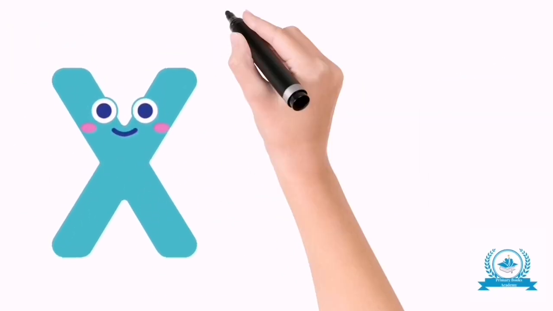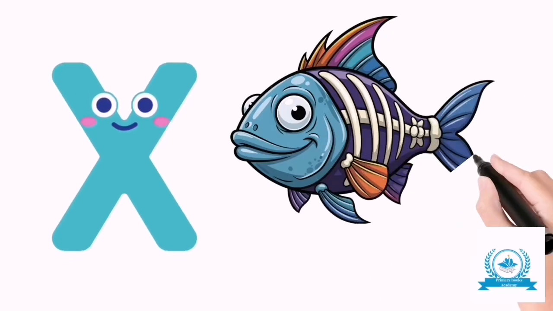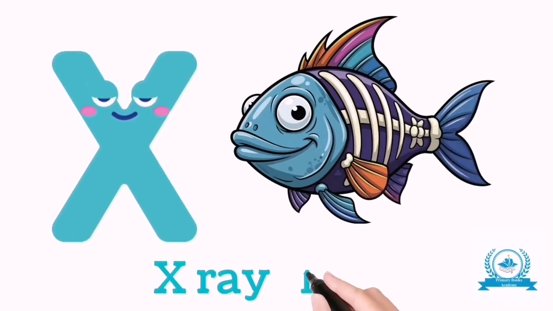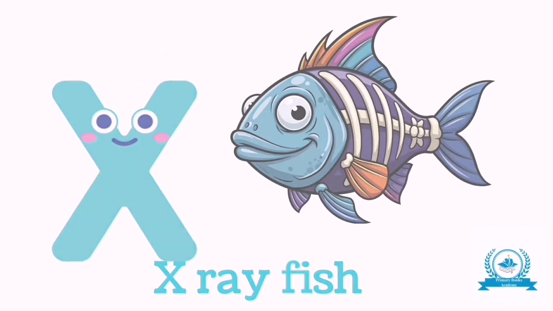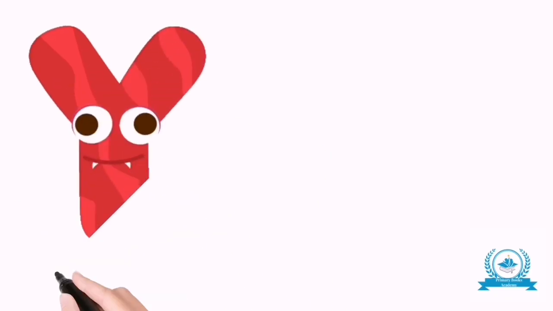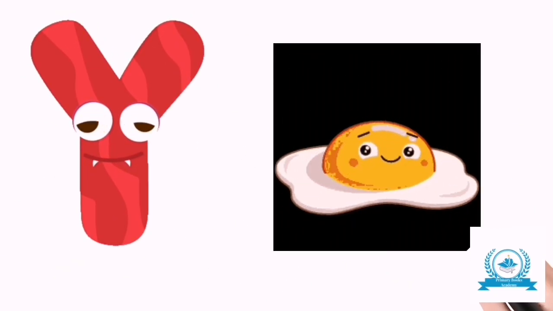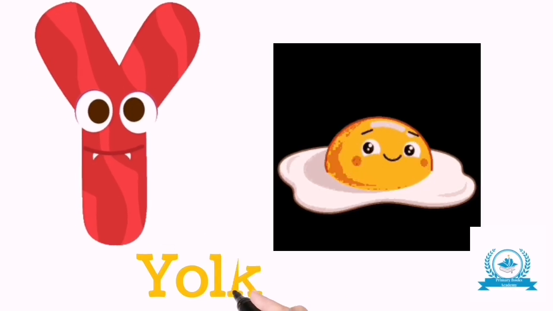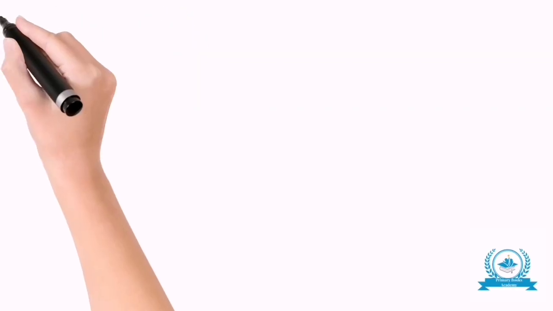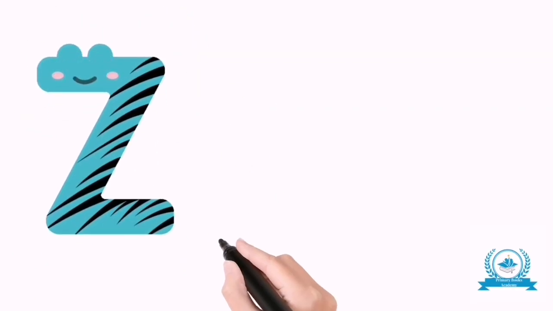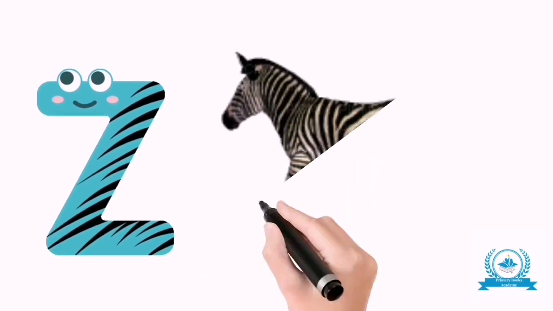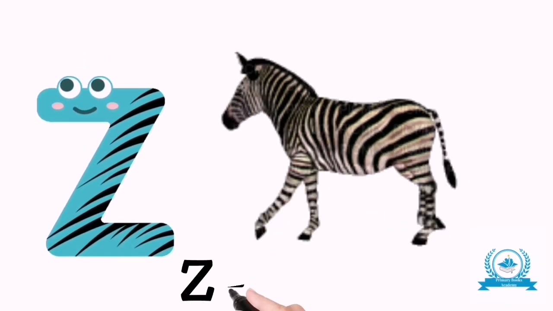X for X-ray fish. Y for yolk. Z for zebra.